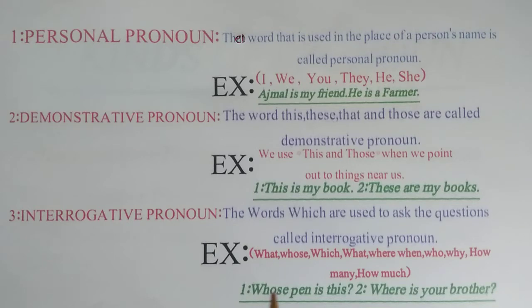Sentence number 1, whose pen is this? So in this sentence, the word whose is interrogative pronoun we used for asking a question. Sentence number 2, where is your brother? So in this sentence, the word where is interrogative pronoun.